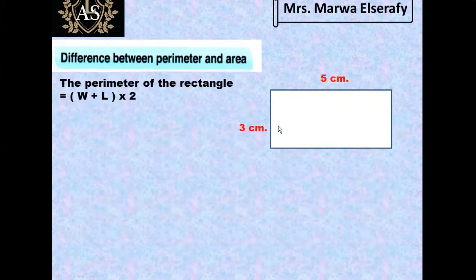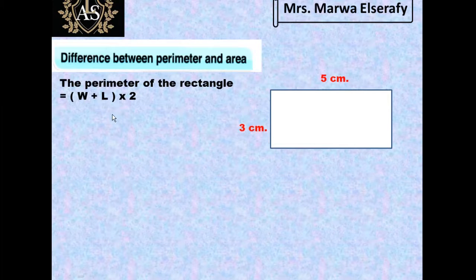Okay, and now I want to get the perimeter of the rectangle. All of you know that the perimeter of a rectangle equals width plus length, all times 2, or length plus width. The two are the same.